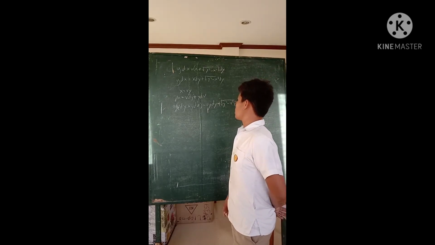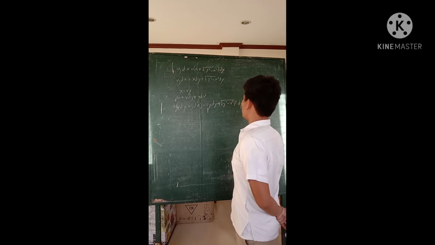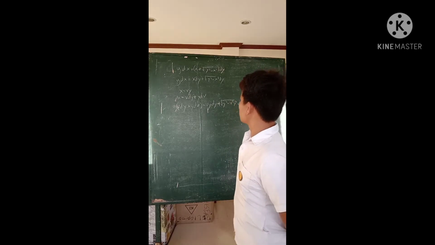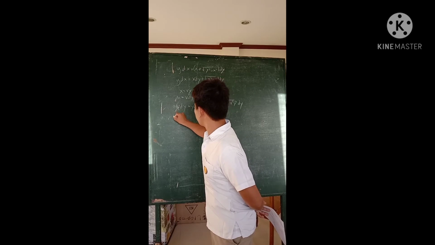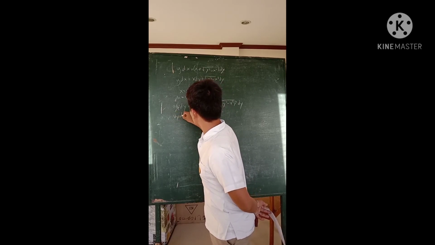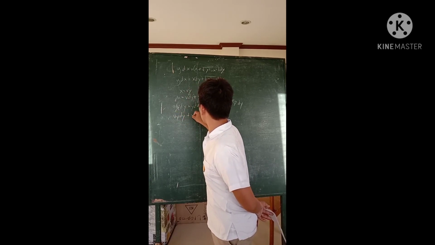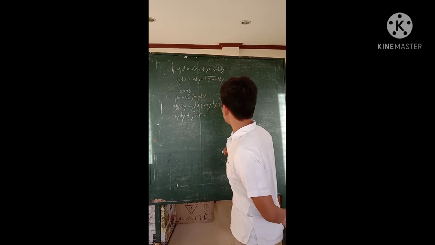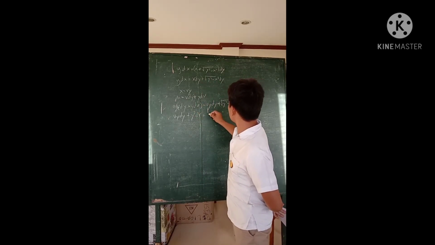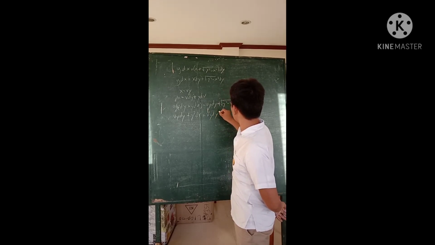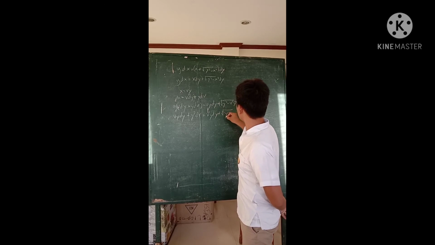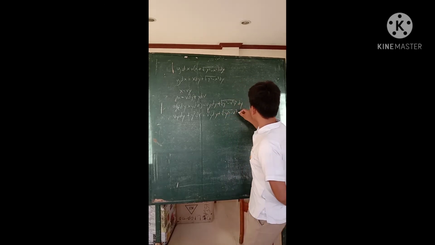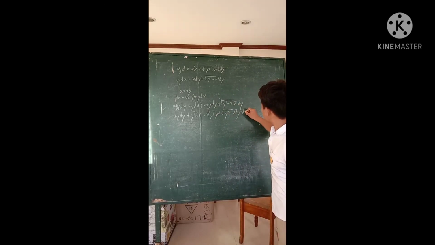Then distribute the value of y. So v y dy plus y squared dv equals v y dy plus the square root of y squared minus v squared y squared dy.